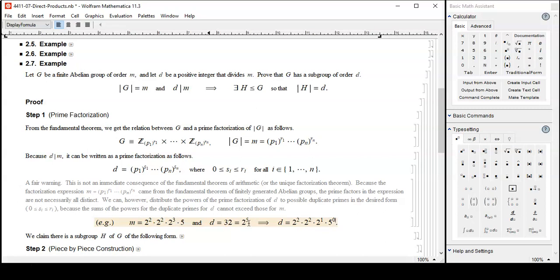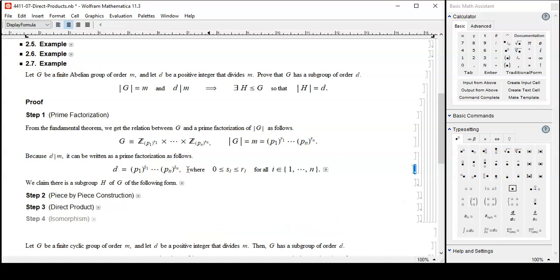But if you redistribute this 5 appropriately, 2 to 1 like this, then it's okay. So put it into the first as much as possible, and then to the second as much as possible, and then to the third as much as possible until you run out. If you do not run out, then this is not going to be a factor.